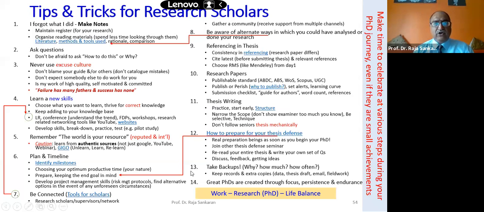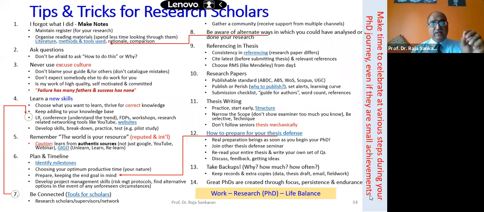As a research scholar, the key thing is we normally talk about work-life balance, but as a scholar, you must celebrate. If you have published your research paper, you must celebrate. You have presented a proposal and it is accepted, you must celebrate. You have got the results, you must celebrate.